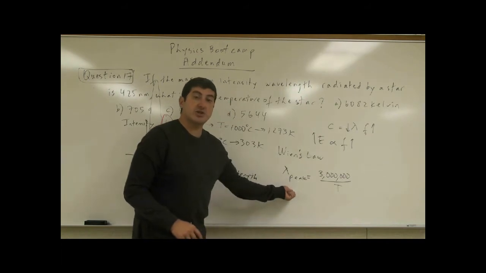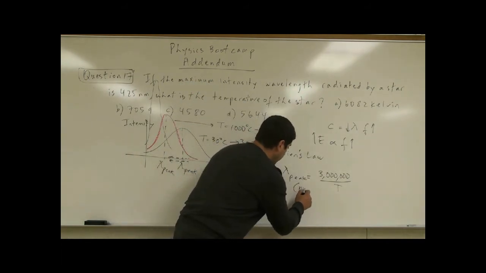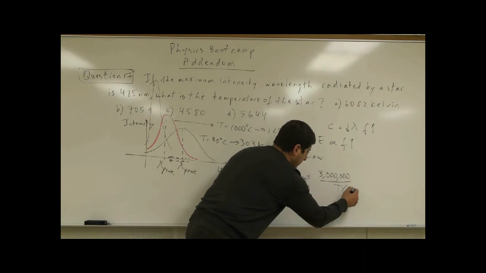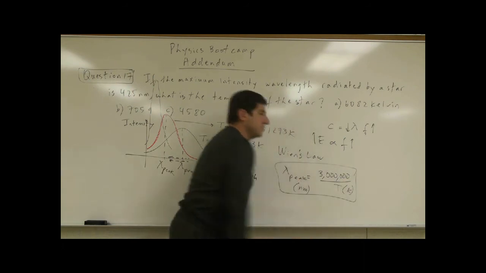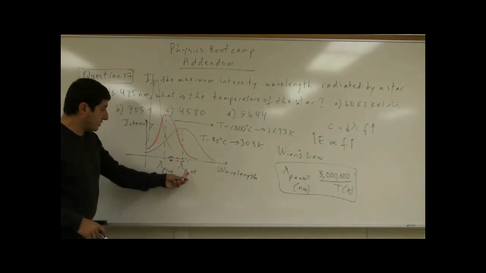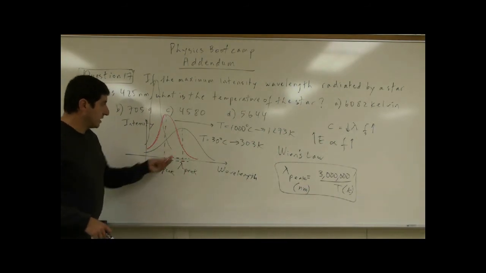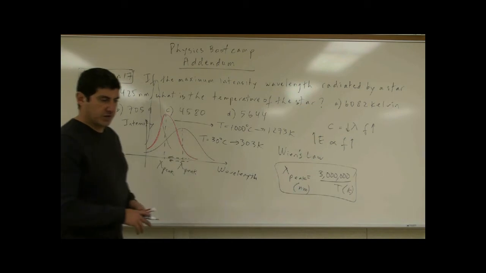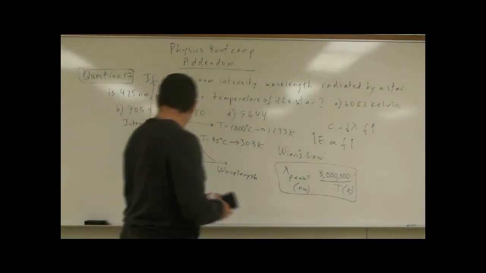This gives the answer in nanometers, and the temperature has to be in Kelvin. So he was the one who gave this behavior of the wavelength of the peak based on its temperature.